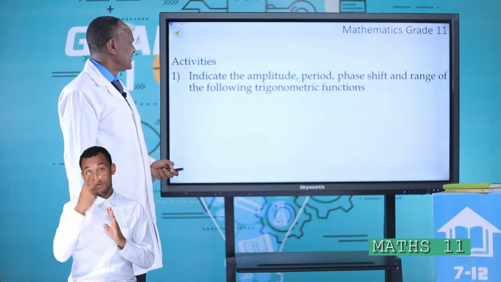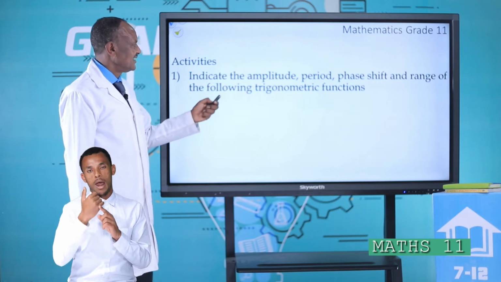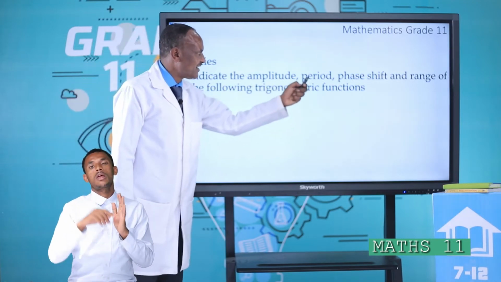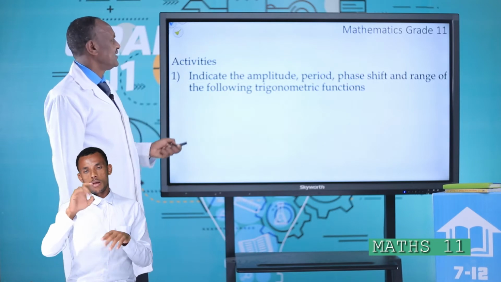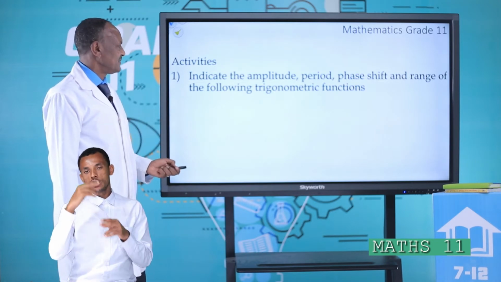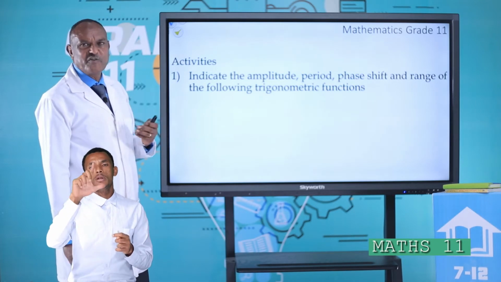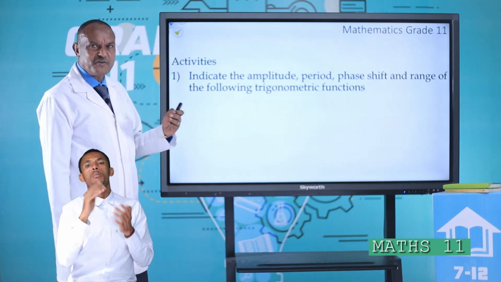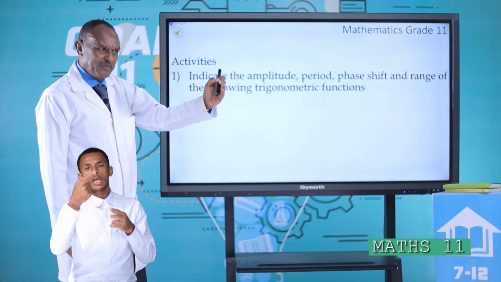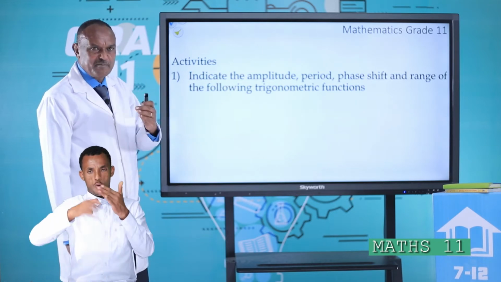Let us see some activities. Indicate the amplitude, period, phase shift, and range of the following trigonometric functions. What is the amplitude? The amplitude of a function is half of the difference between the maximum value and the minimum value.